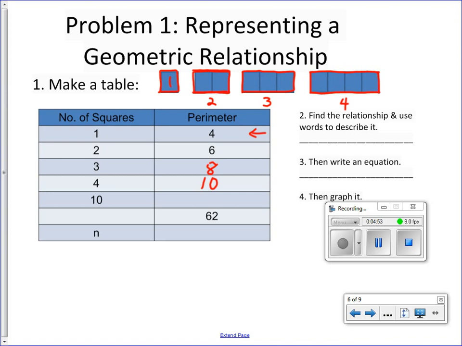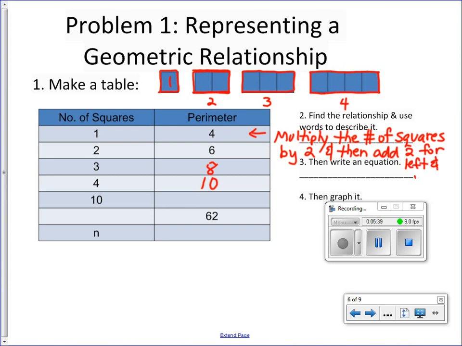So we could say in words, let's multiply the number of squares by 2, and then you notice we added on the left side and the right side, so add 2 for the left and right side.